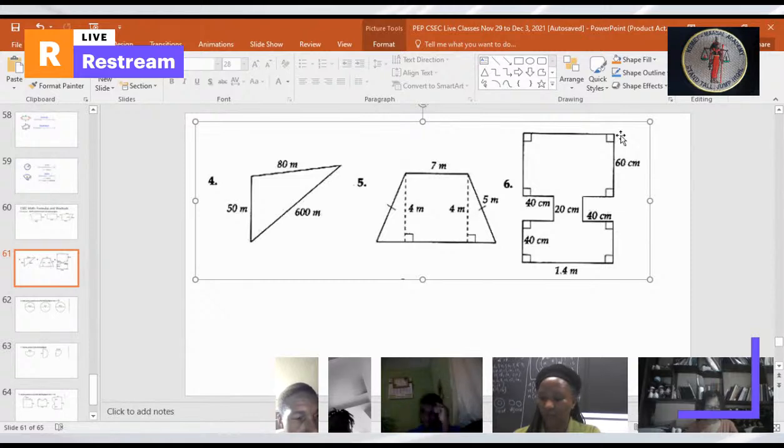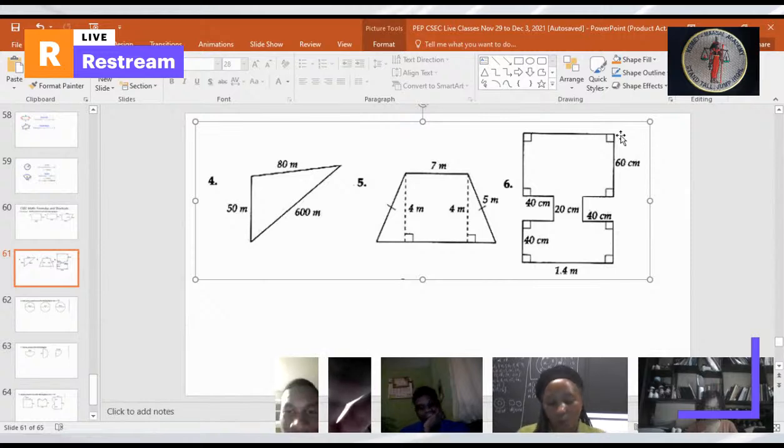Miss, I did 60 plus 60, and the 1.4 meters. Miss, you change that to centimeters, which is 140 centimeters. So 60 plus 60 plus 140 plus 140. And the 20, since in the middle that part says 20, so the side right beside.